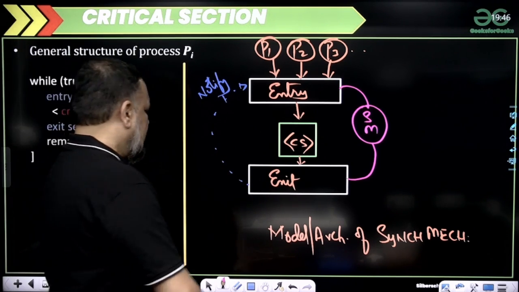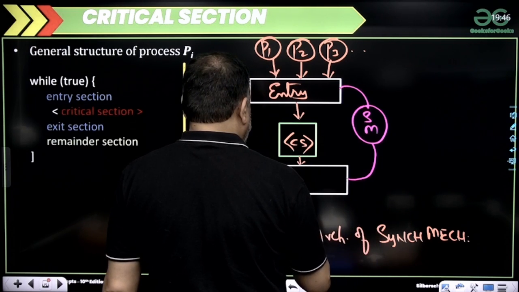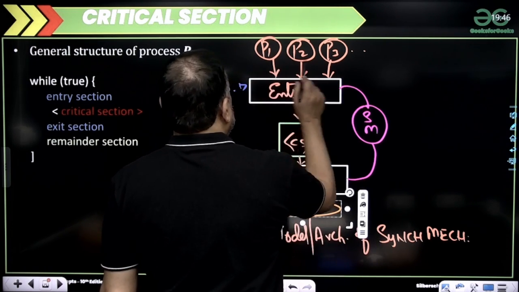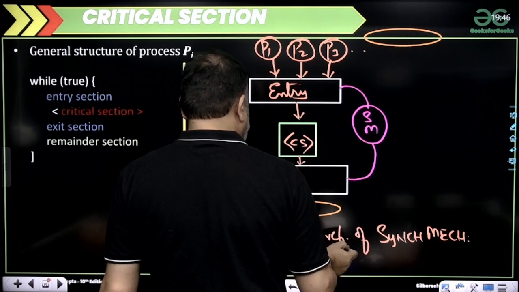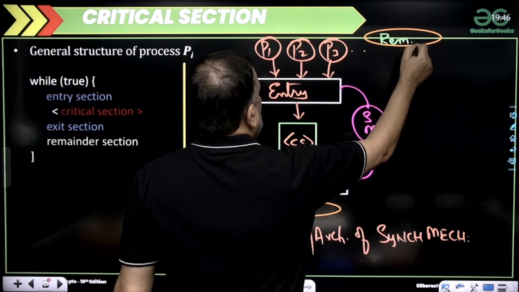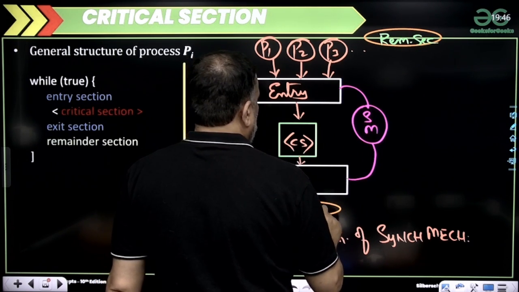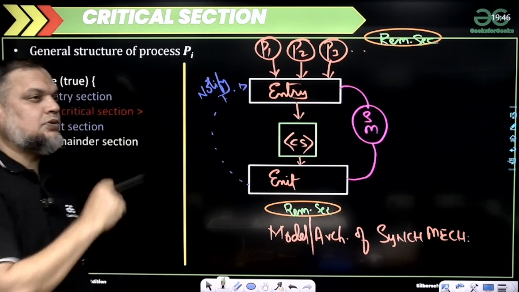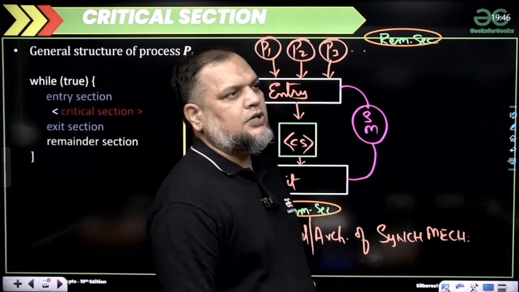Let me tell you that the remainder section may be here or maybe here also, before the processes. The remainder section can be anywhere. Remainder means non-critical section. So this can be the remainder section. The non-critical section code of the process is called the remainder section.